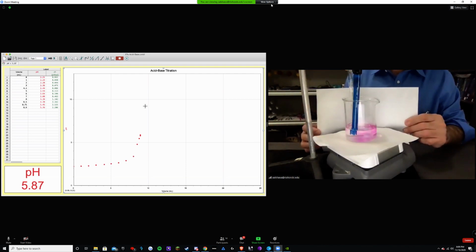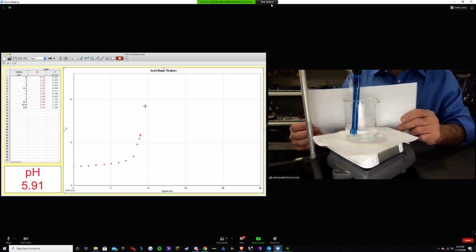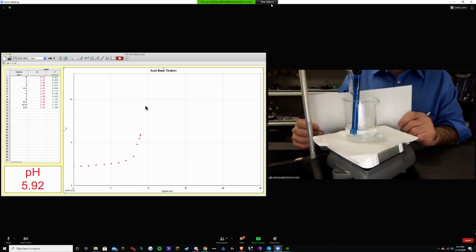And I'll wait. So not there yet, because that pink color appears and disappears. It takes about 3 seconds for it to stay in the solution, then it'll fade away, it'll disappear.